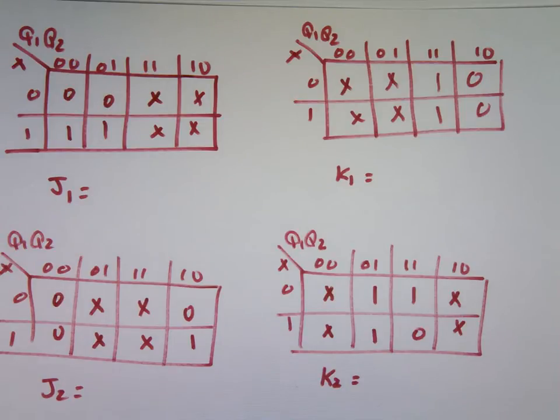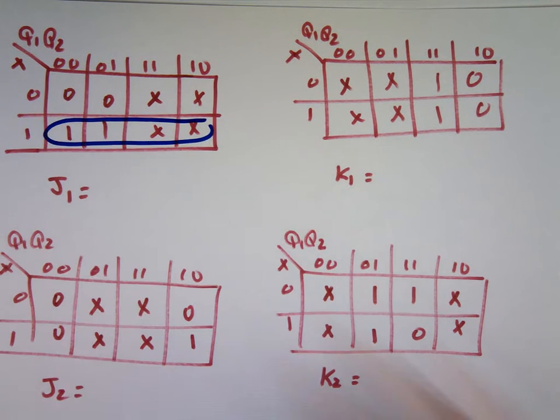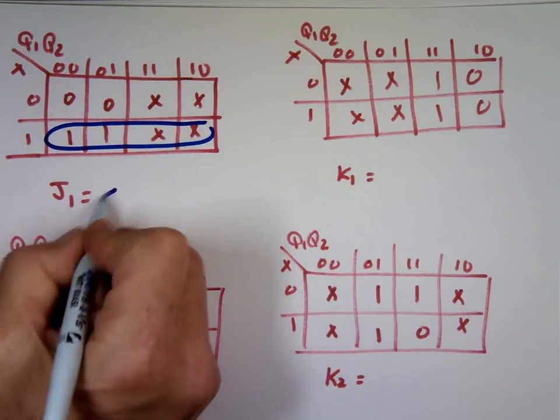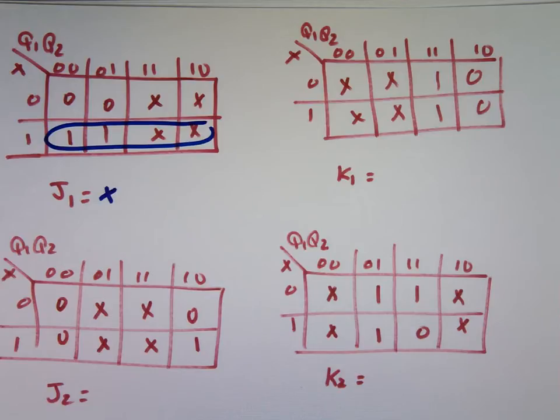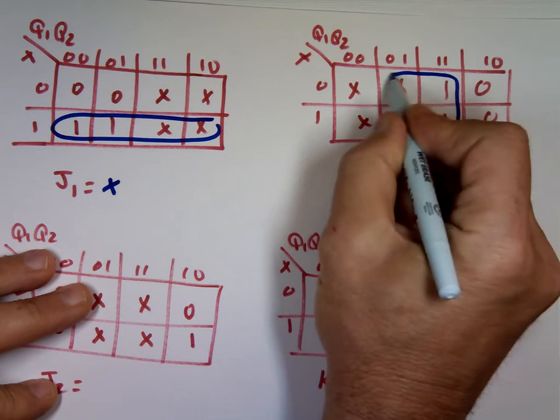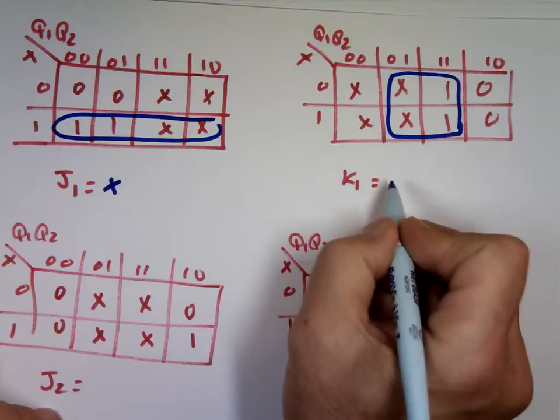And let's read each one, then we'll build it. Since I only have to group the ones, if I take these 4 ones together, better than just taking 2 ones, that'll be what? X. This one here, take that together, and what do you have? Q2.